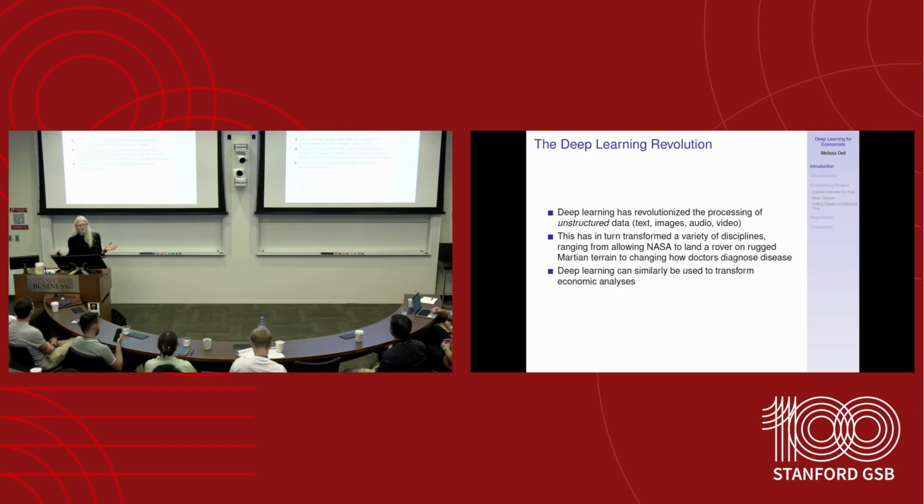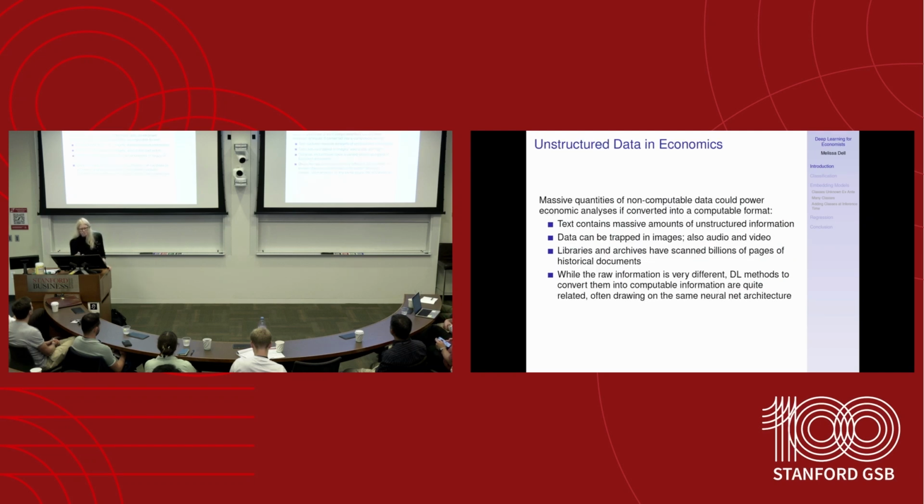In other fields, they might be extracting information that they can use for a self-driving car or to diagnose disease. And so deep learning has transformed all these disciplines by making it much more feasible to accurately and on a large scale extract information from unstructured data that can then be used to perform whatever analysis that you happen to be interested in.